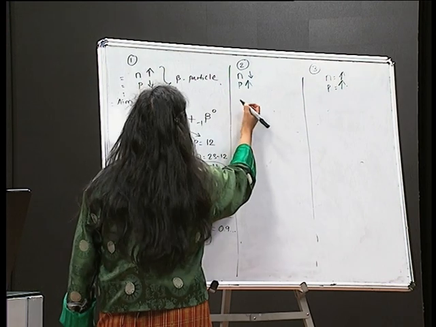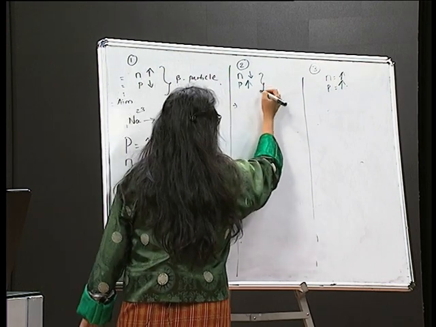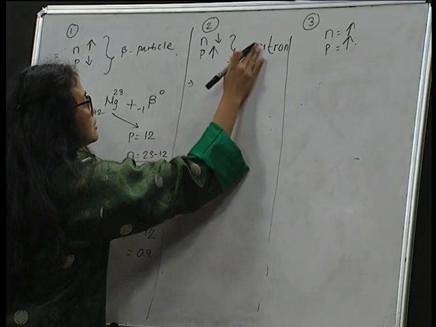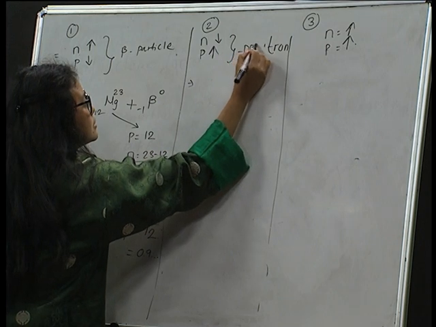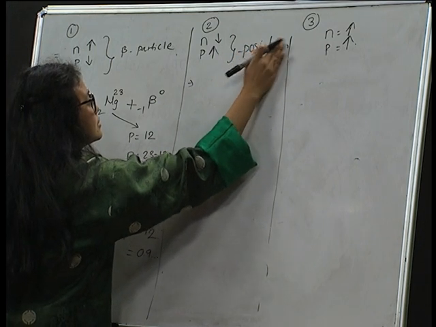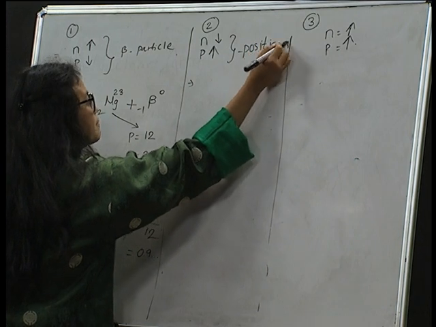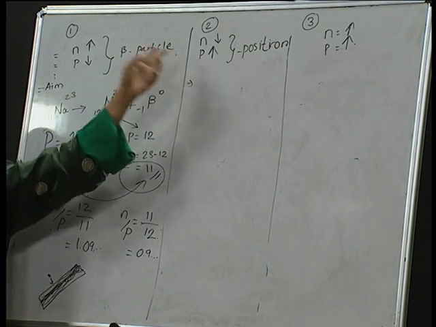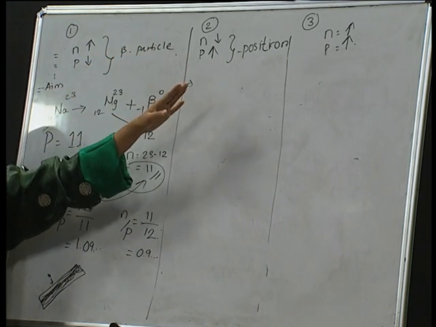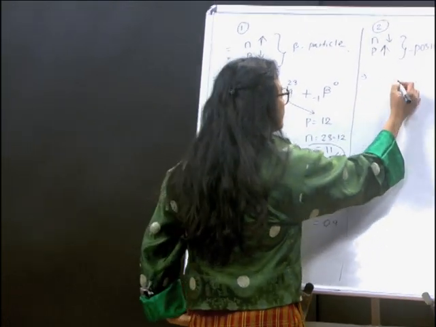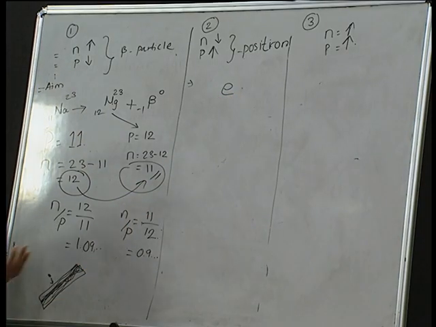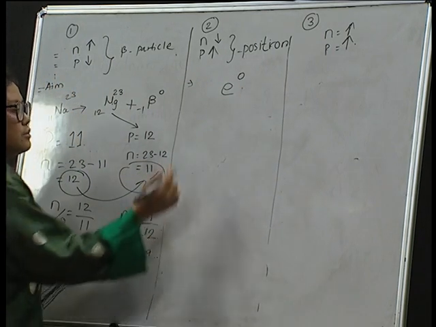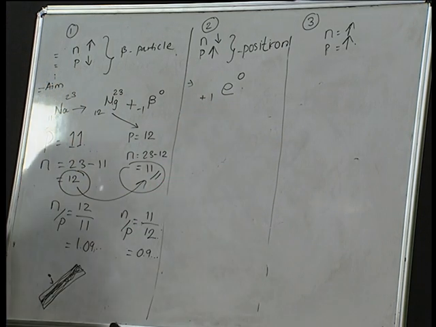So it is brought by emitting a particle known as positron. There is a difference between beta particle and positron. So positron is like an electron, like that of beta particle, having mass number 0, but this time the charge is +1.